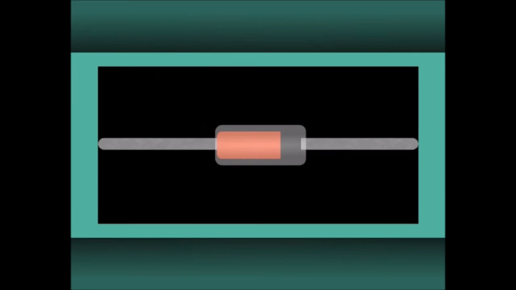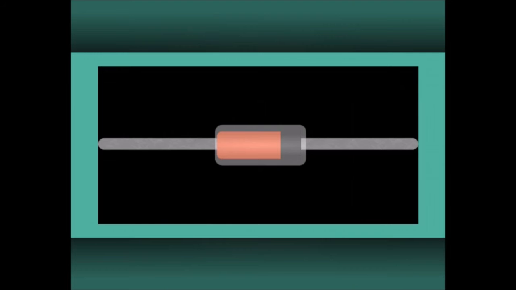Next component, diode. A diode has various uses. It can be used as a rectifier, signal limiter, voltage regulator, switch, signal modulator, signal mixer, demodulator, and oscillator.